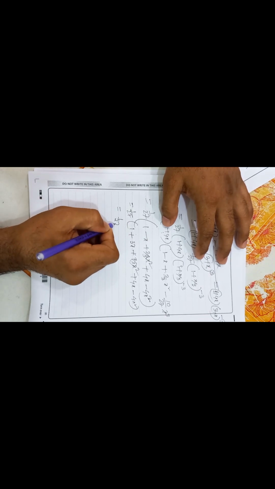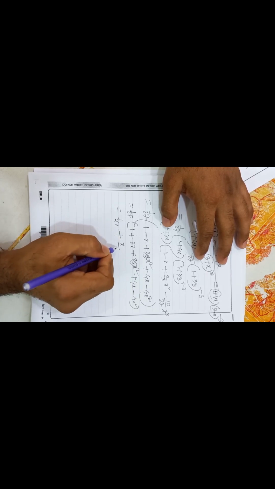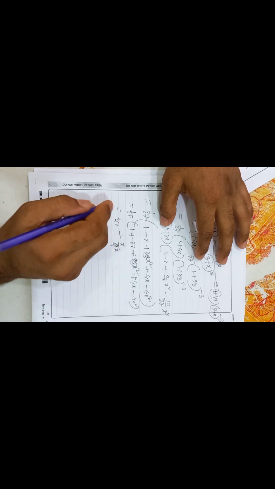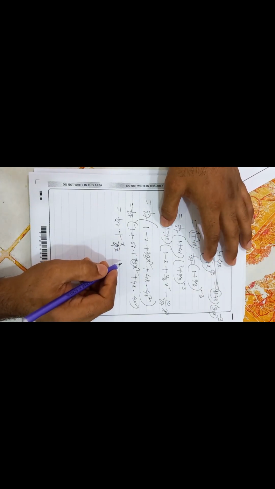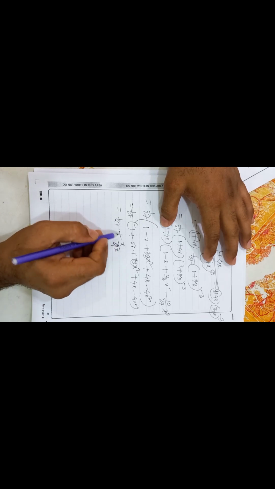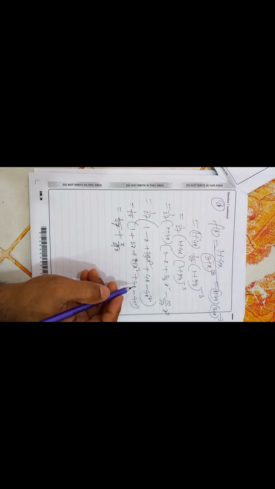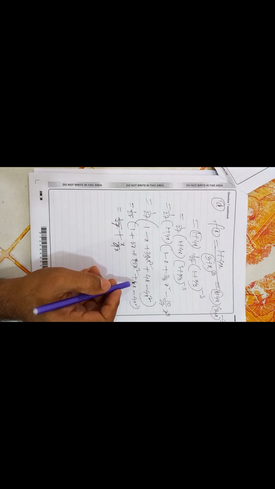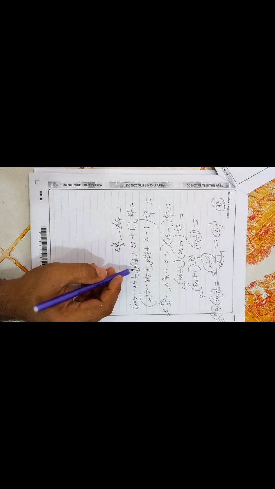Here 3x and 4x could have been simplified.